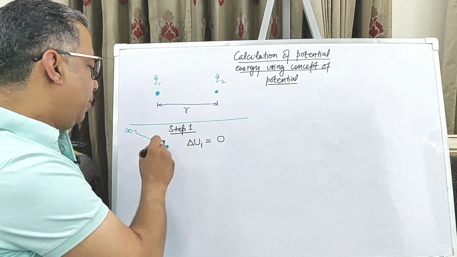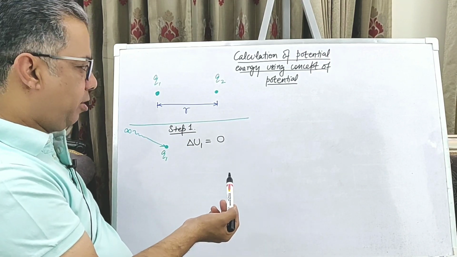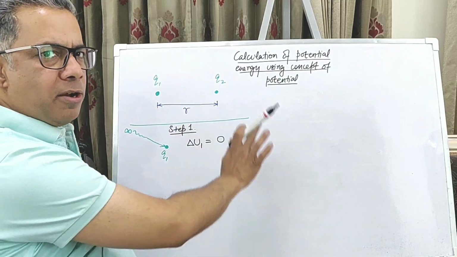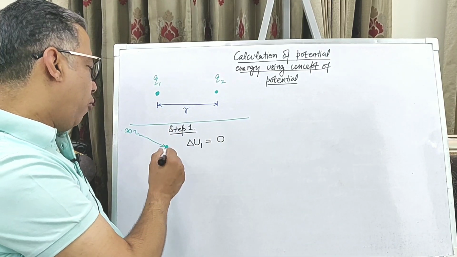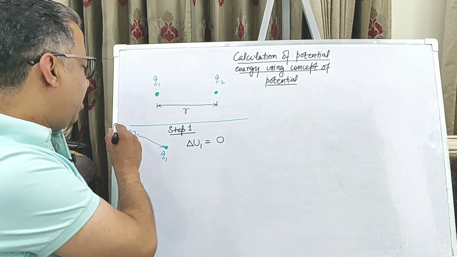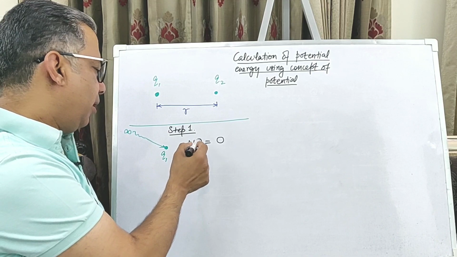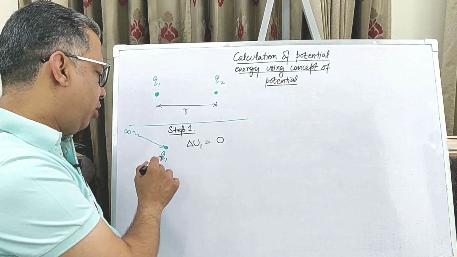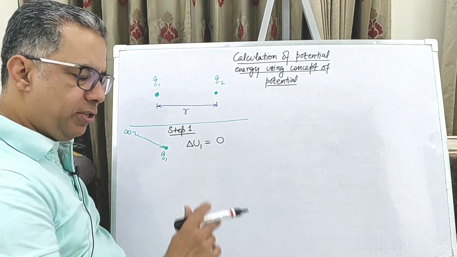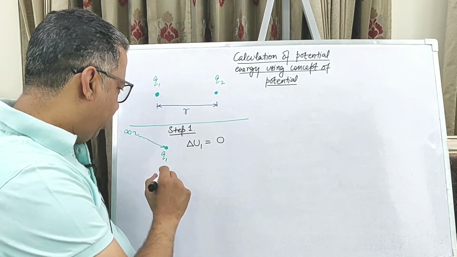Why? Because the point where we have placed Q1 had zero potential to start with. There were no charges around here, and therefore at this point the potential was 0. We brought in a charge Q1 to this point, and therefore the change in potential energy is Q1 times the potential, which is 0, and therefore delta U1 is 0.